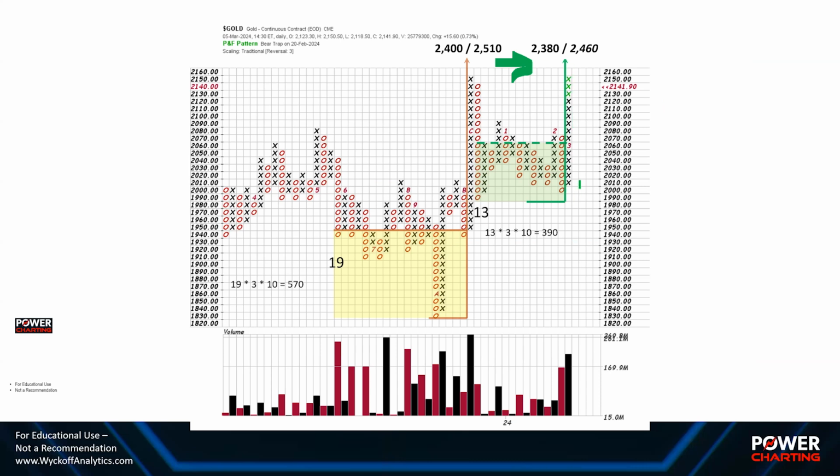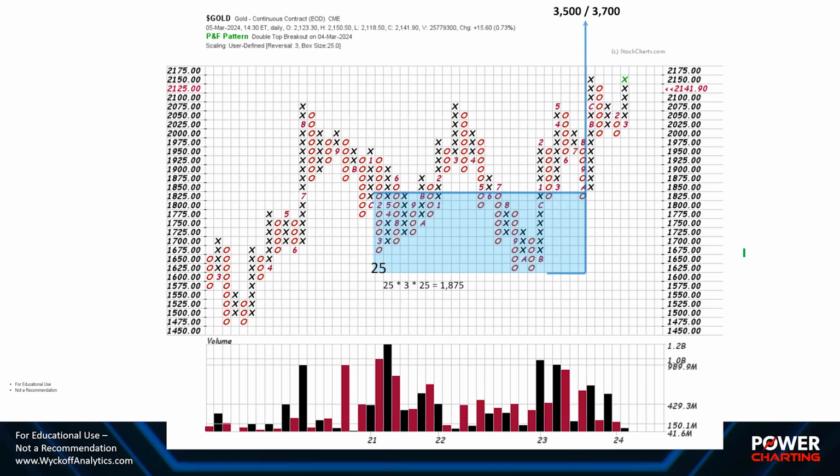This is beautiful. It goes from 2010 to 2150 without as much as a correction in this 3-box reversal chart. And this is 3-box reversal 10-point scale. And so this is a really fine advance, and look at the volume that came in on that catapult wall.